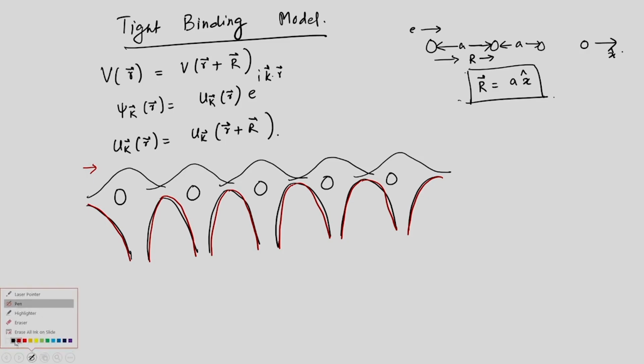Okay. So the assumption is that the majority of the amplitude of the wave function is centered at the ionic core, that is, it peaks here where the ion is, and so on at all of them. It has very little overlap between the wave function at one core and the next ionic core.